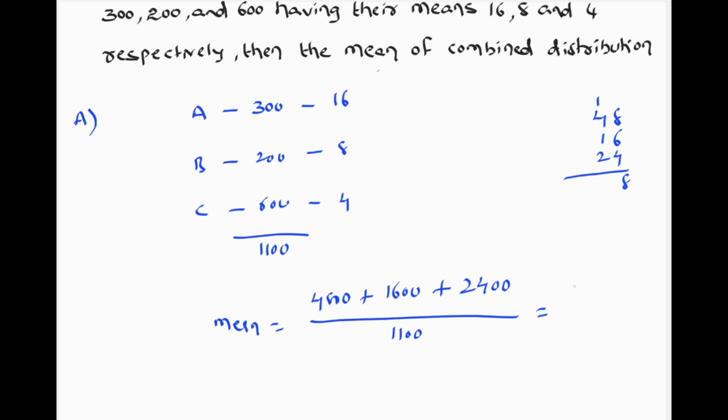So 8800 by 1100. So 11 1 ja 11, 11 8 ja 88. So the mean of total distribution will be 8.